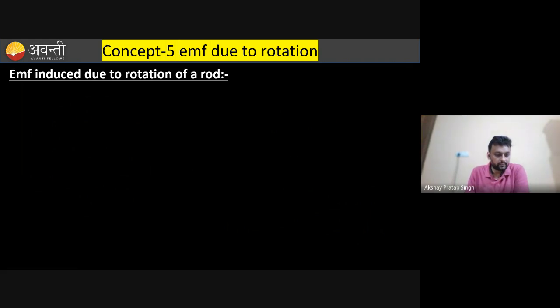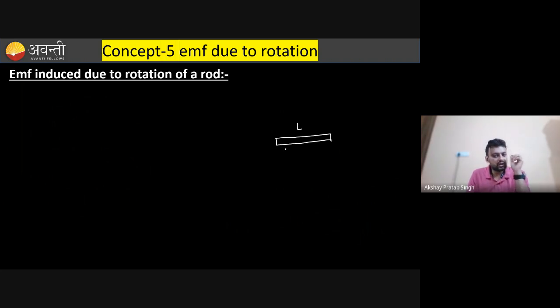Let's assume there is a rod of length L. Clear?